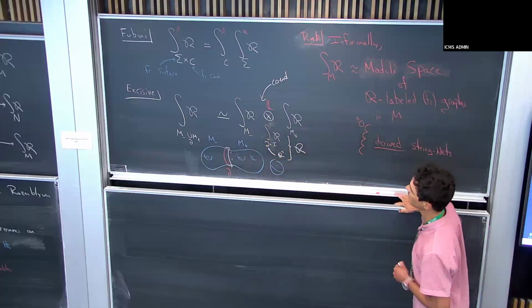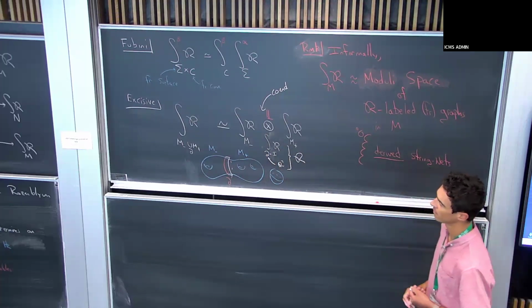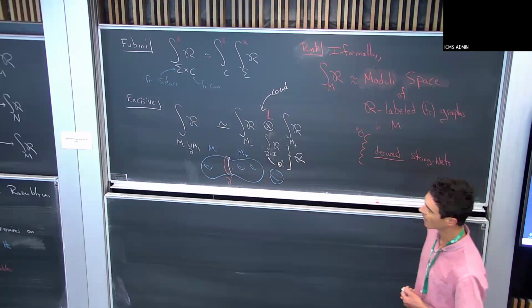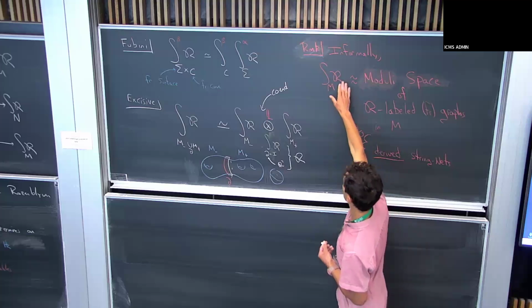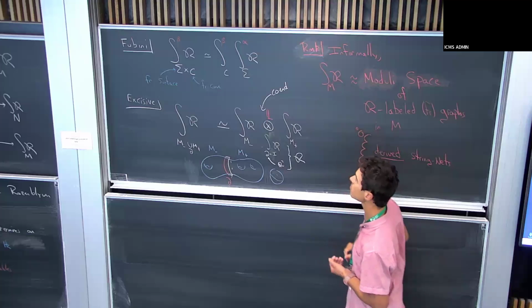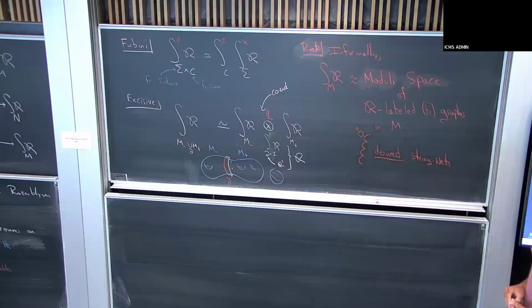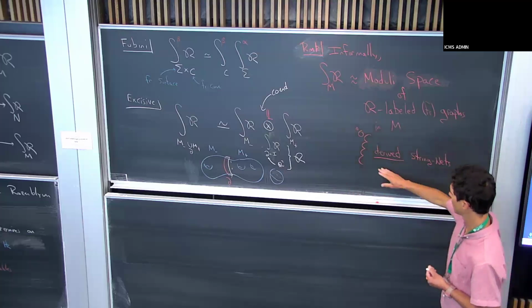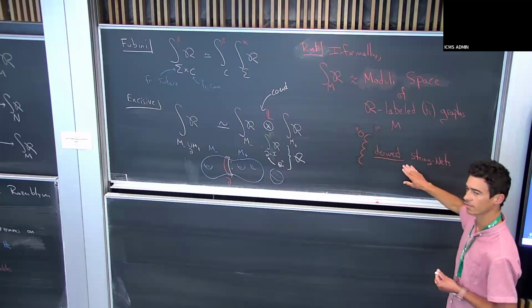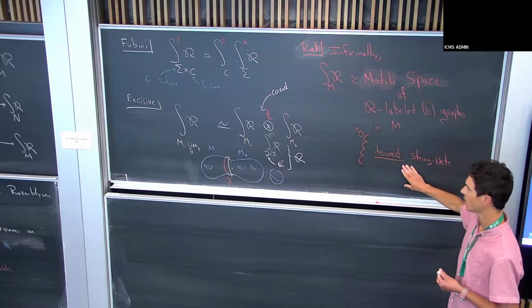And as a last remark, as I hope to get to, informally, this value is a moduli space of R-labeled framed graphs in M. It's essentially a derived version of skein modules.